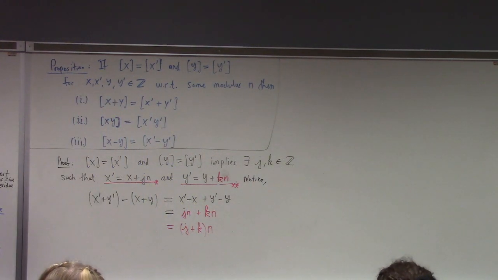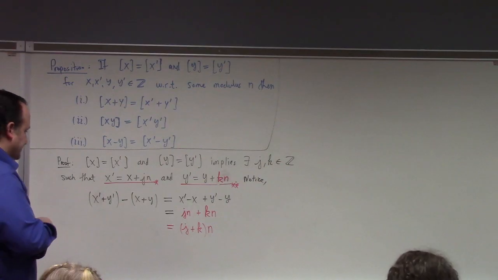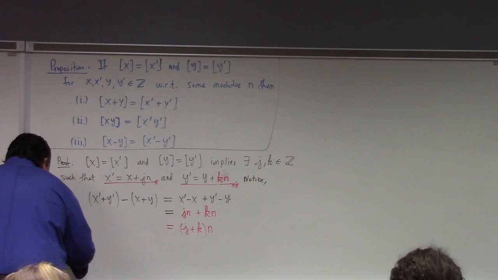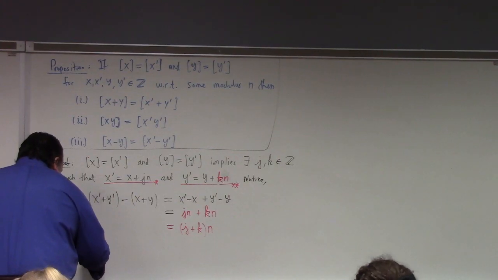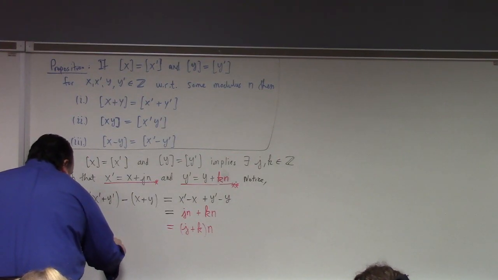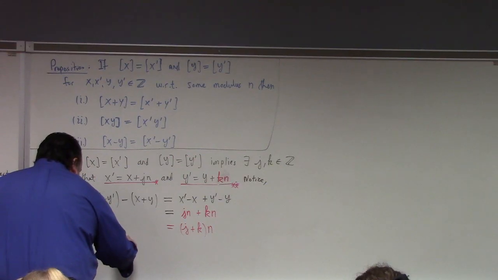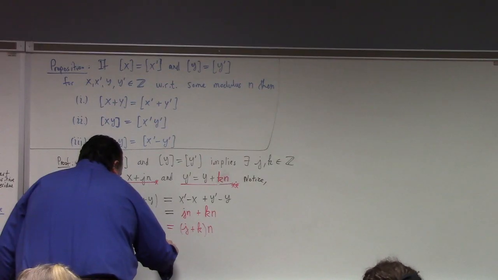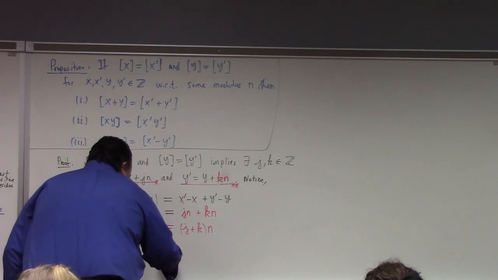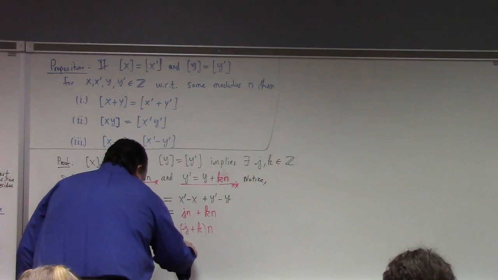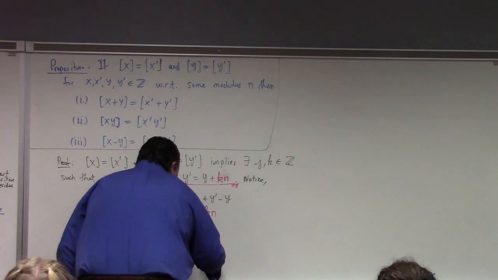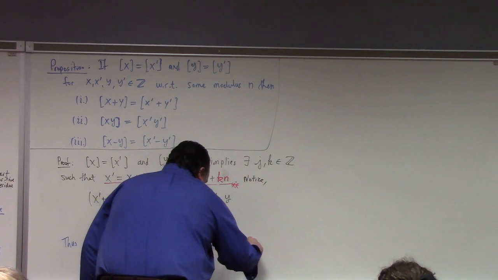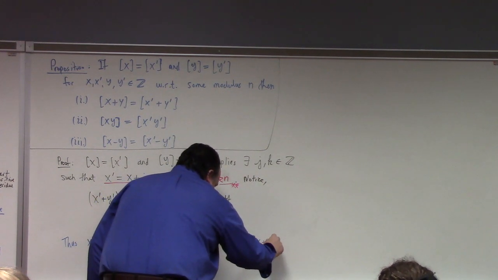Which shows us what? Thus, x prime plus y prime is congruent to x plus y mod n, however you want to say it. All right? More to the point, that means, among other things, that x prime plus y prime is equivalent to x plus y.